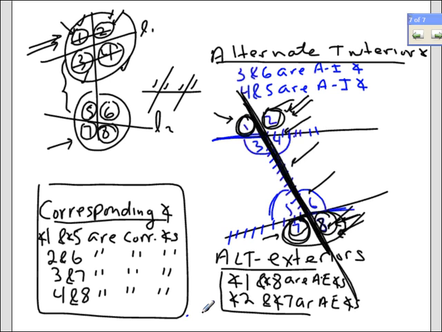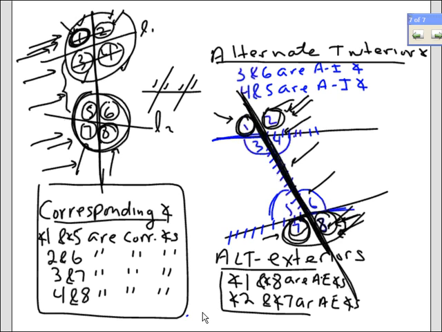You need to pick one from the one line. Say you pick angle 1, and now you go to the other 4 angles from the other line, and you pick an exterior angle, 7 or 8, that is not on the same side of the transversal as angle 1. Angle 1 is on this side of the transversal line. So we pick 8. 1 and 8 are alternate exterior.